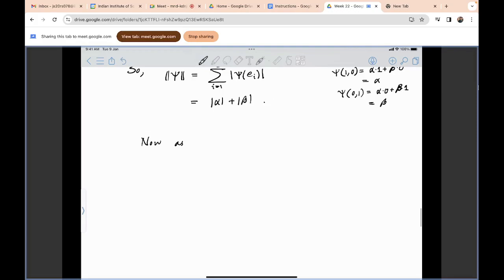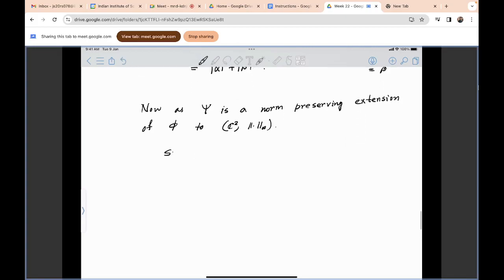Now as psi is a norm preserving extension of phi to C2 with L infinity norm, the norm of psi should be equal to the norm of phi, means mod alpha plus mod beta is equal to 1.